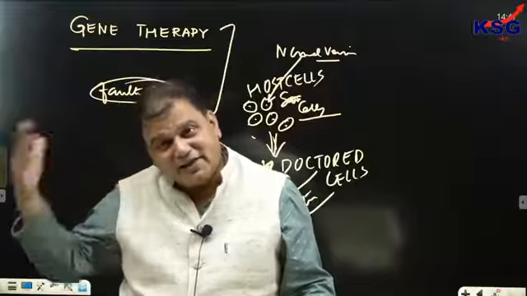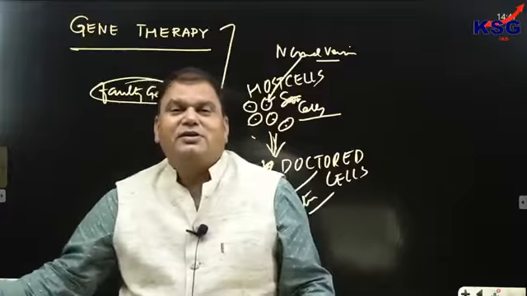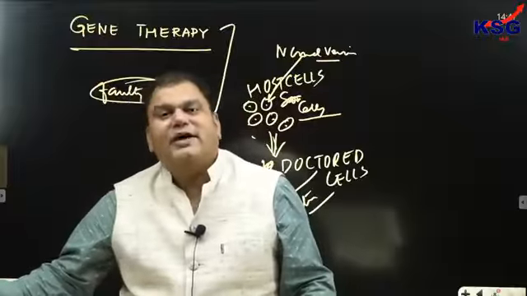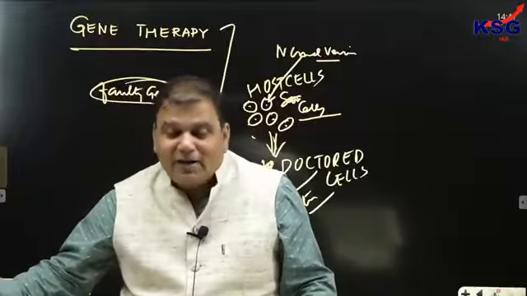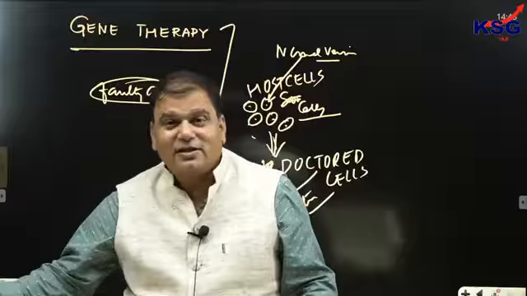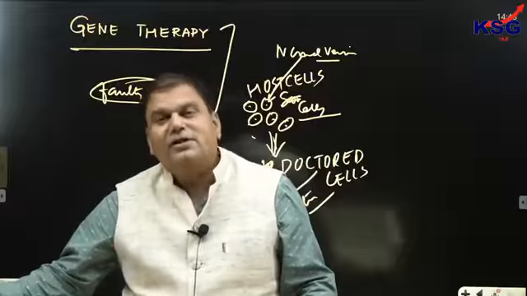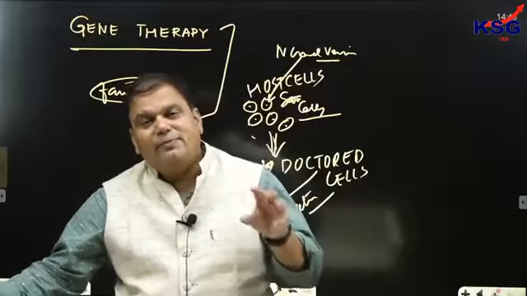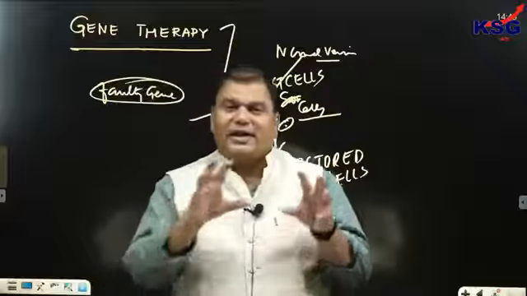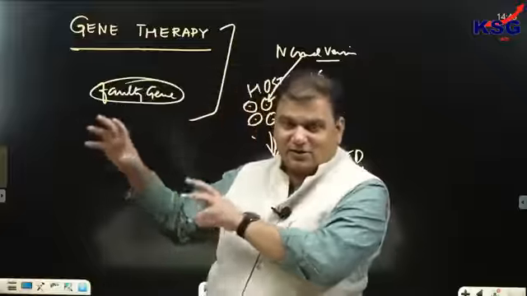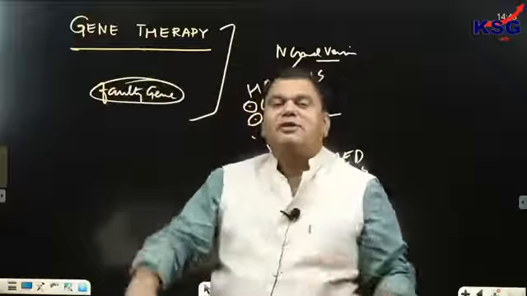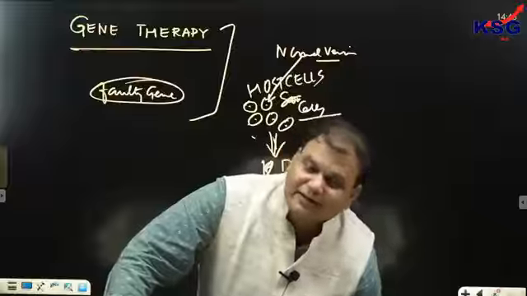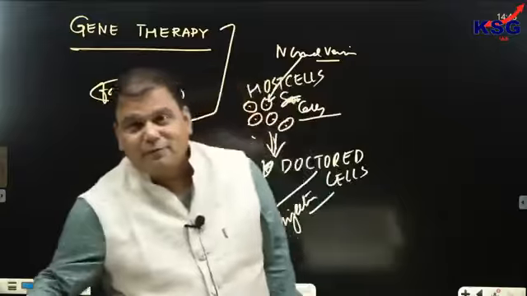But in my subsequent generation, the disorder would again return. Why? Because gene therapy is only conducted for somatic cells. It is never conducted for reproductive cells. So the reproductive cells are responsible for carrying the disorder to subsequent generations. And again in the subsequent generation, gene therapy would be conducted. Clear?